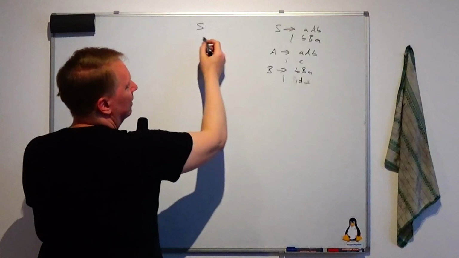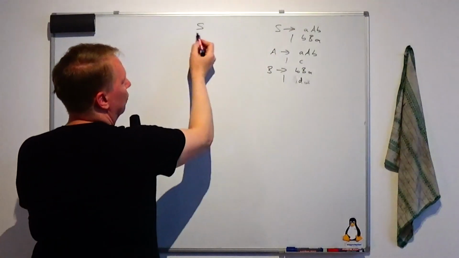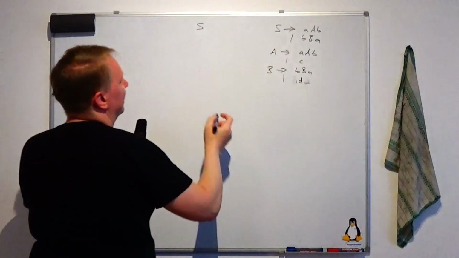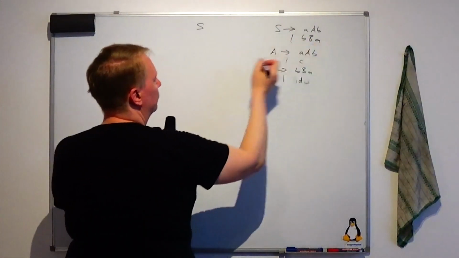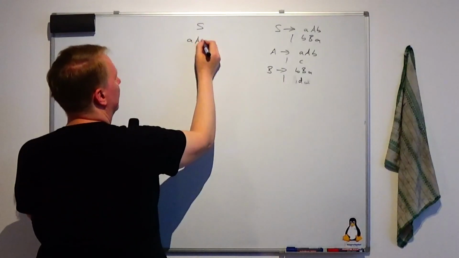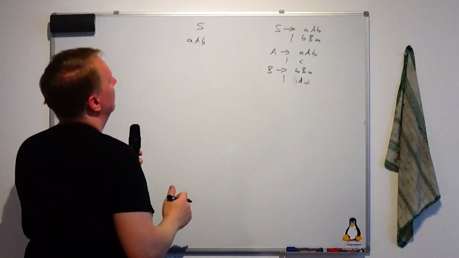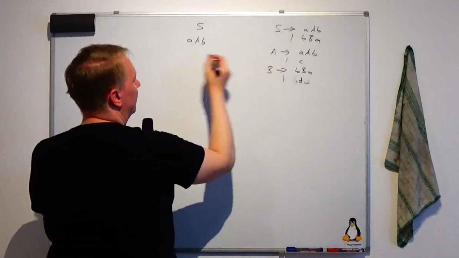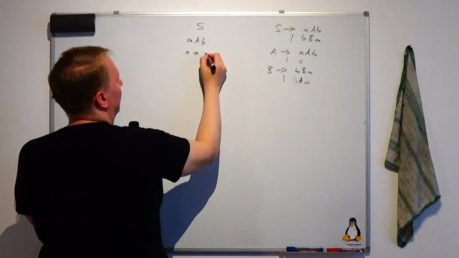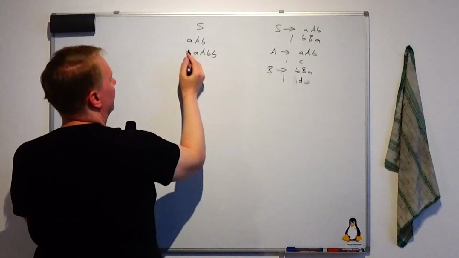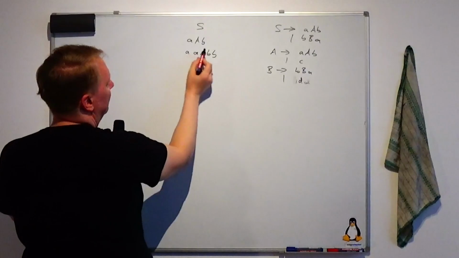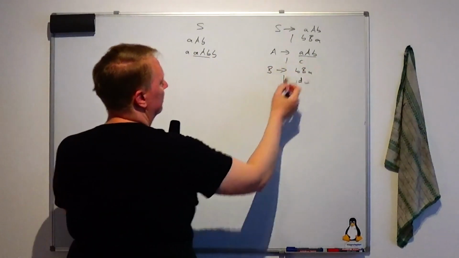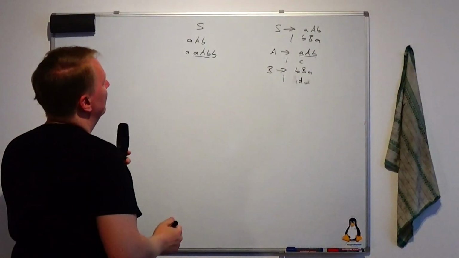Now, if you have your start symbol and your productions, then you start with your start symbol, and in every step you take one of these left-hand sides and replace it with the right-hand side. So you could take that S and replace it with A, B, and then you could replace that A by A, B, B. You know, this first A is this A, this last B is this B, and this here is the right-hand side from here.